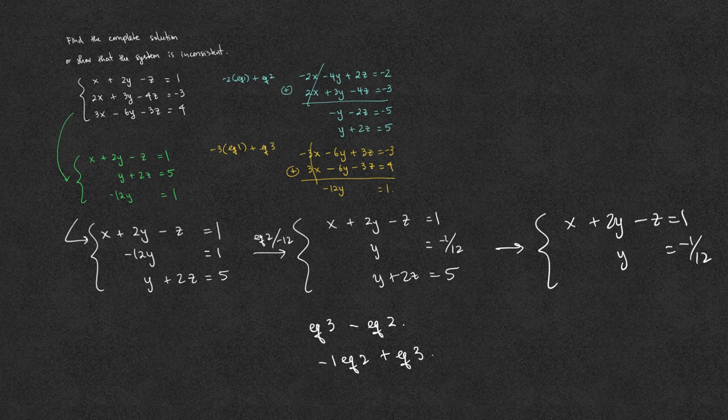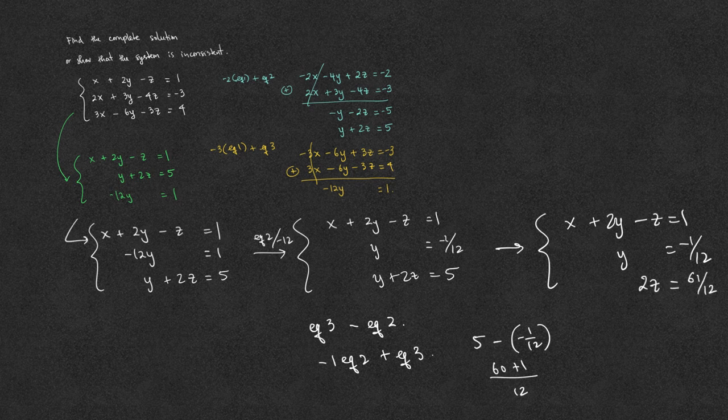And if we take the third equation minus the second equation, y minus y is gone, 2z minus 0z is now 2z, and 5 minus negative 1 over 12, the common denominator is 12, we get 60 plus 1, or 61 over 12.